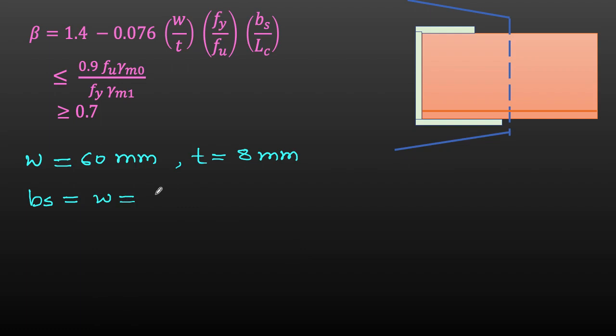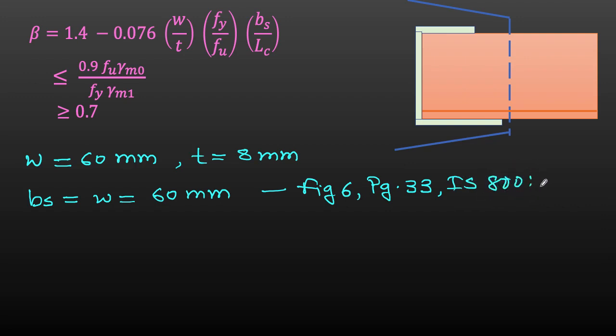So Bs is equal to W, again 60 mm as given. This is as per figure 6, page number 33 of IS 800:2007.